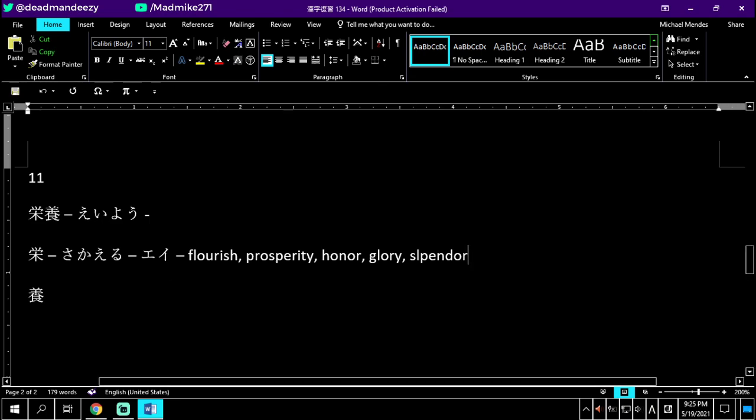Sakaeru. The tree is so prosperous that water has begun flowing not only under it, but also over it.